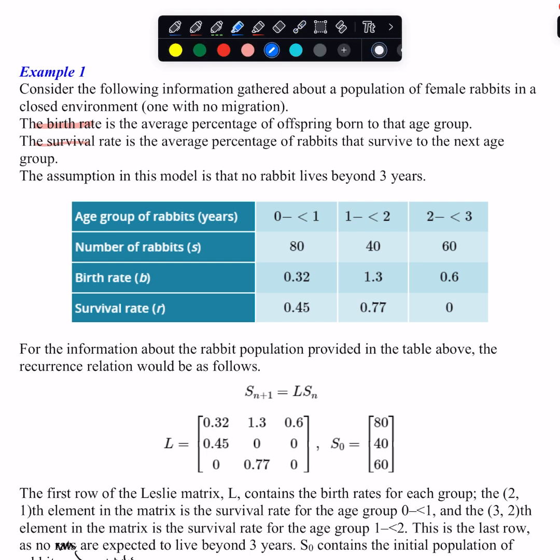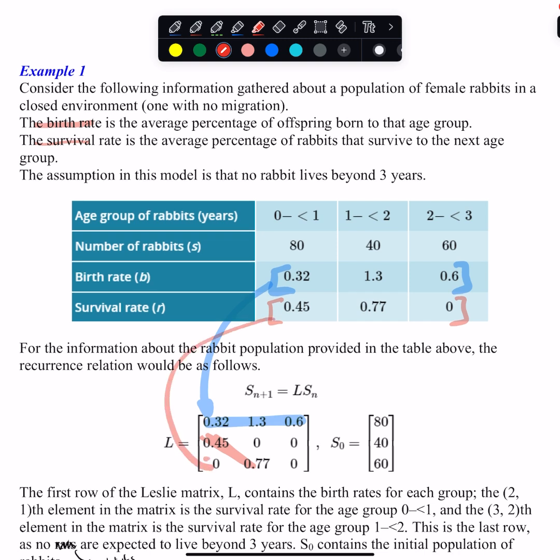Now I want you to notice this. These values in the first row are my birth rates. And notice after that, these ones here are my survival rates. Super important.